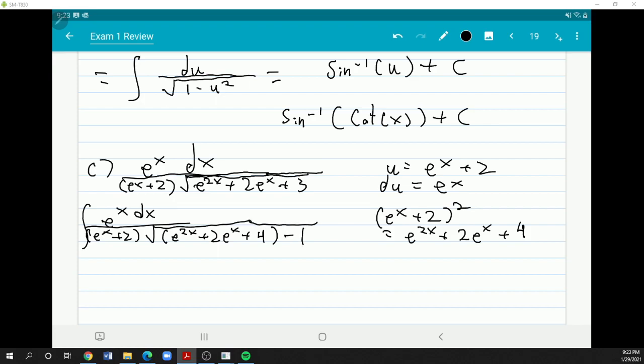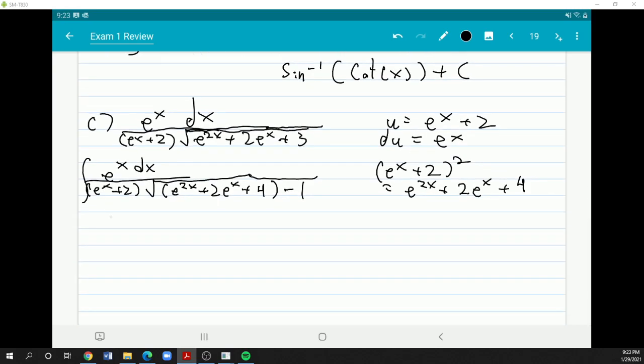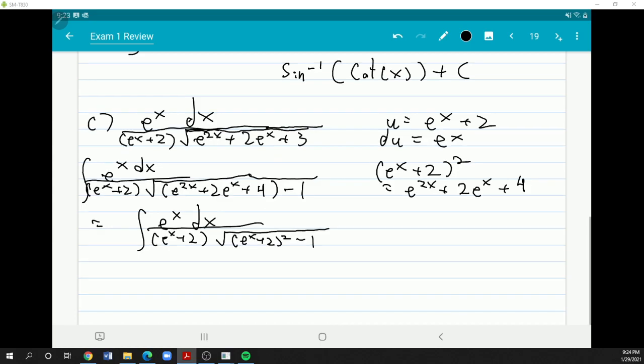We could have done the same thing by completing the square, pretending e to the x was called y or something like this. But this is essentially a completing the square problem. And now this is exactly equal to e to the x dx over e to the x plus 2 times the square root of e to the x plus 2 squared minus 1. Now let's substitute in for u.